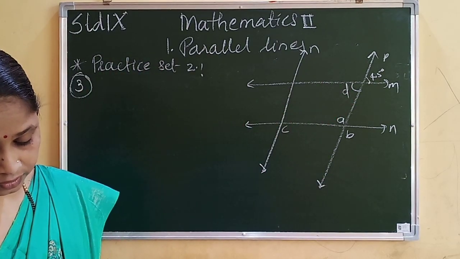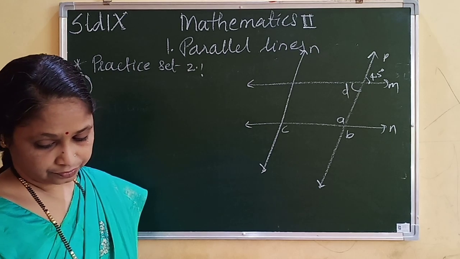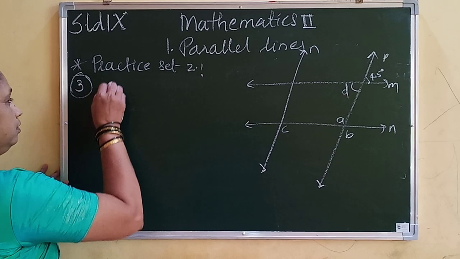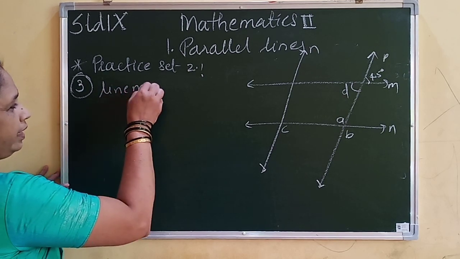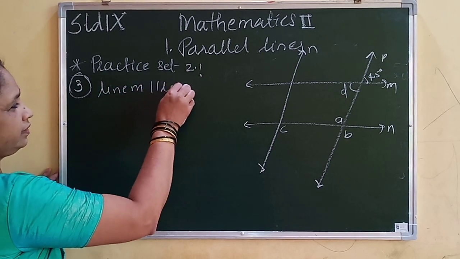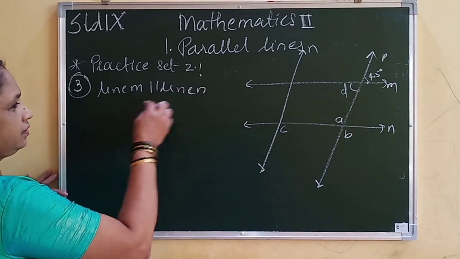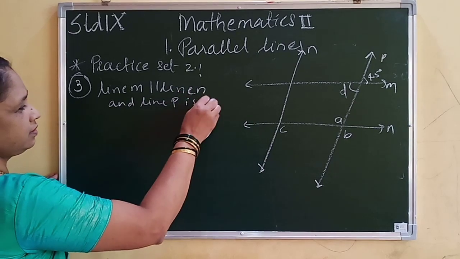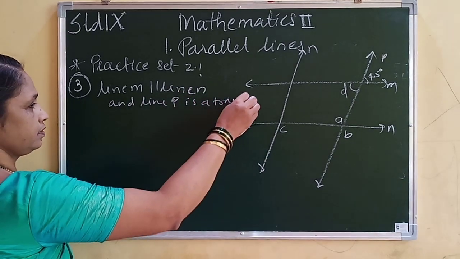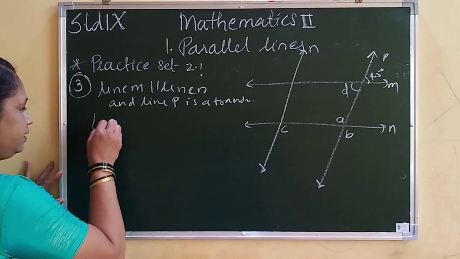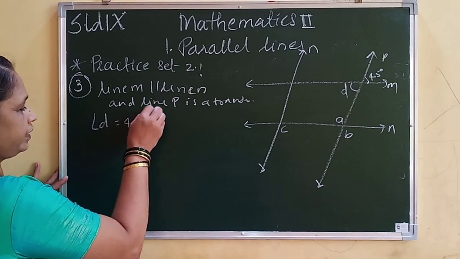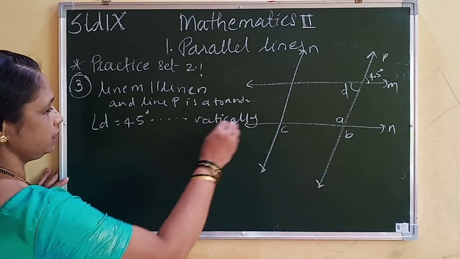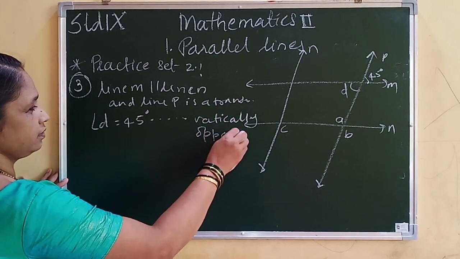Line M is parallel to line N and line P is a transversal. So angle D is equal to 45 degrees. Why? It is a vertically opposite angle.